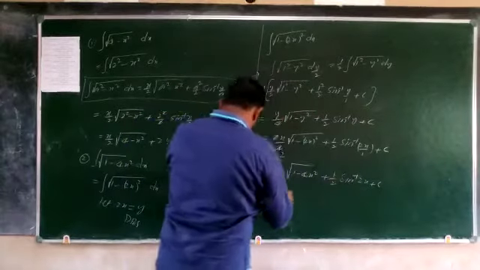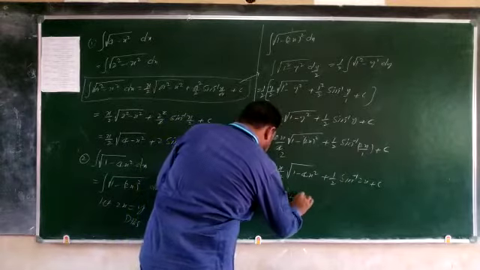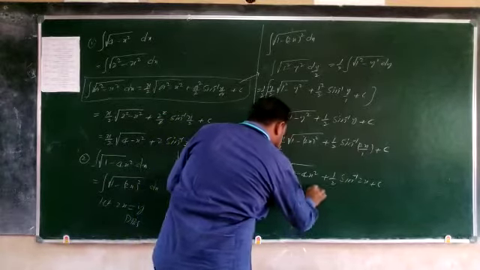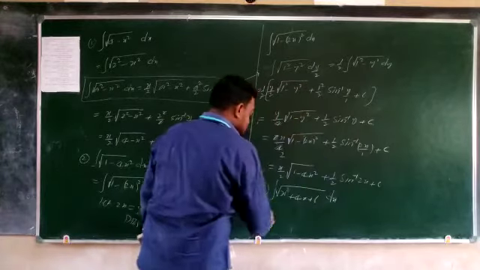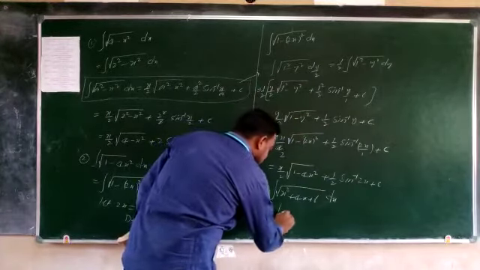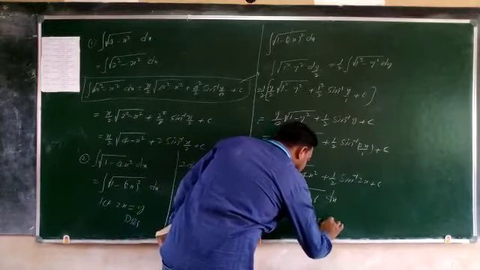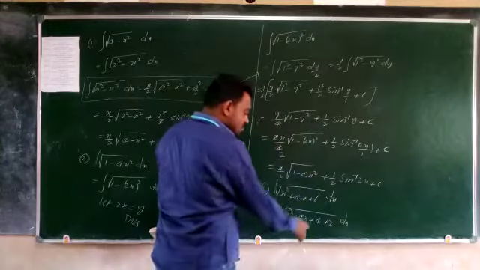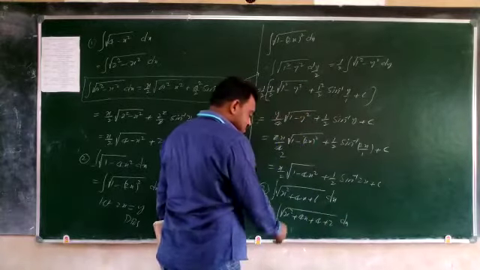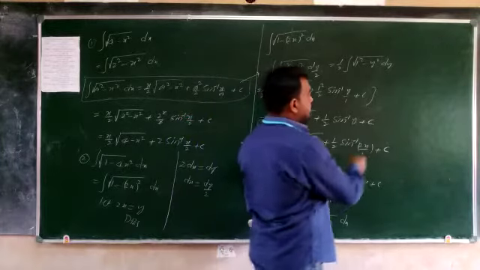Next, the third question: square root of x square plus 4x plus 6, the integral we need to find. This is equal to, I am writing, the integration of square root of x square plus 4x plus 4 plus 2 into dx, because x square plus 4x plus 4 is equal to x plus 2 whole square, so I have written it like that.